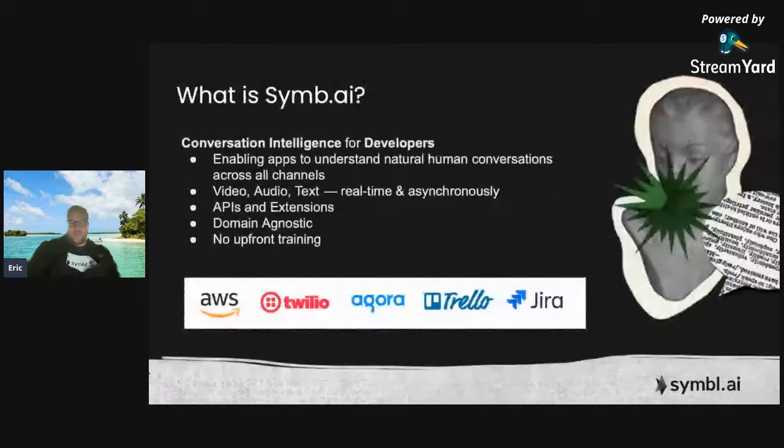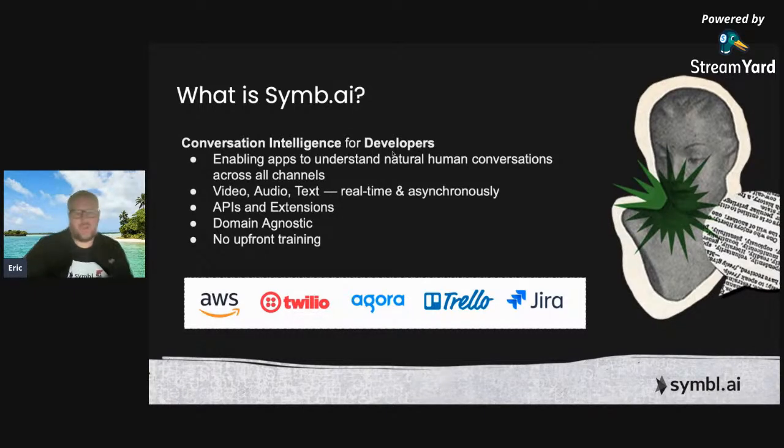So let me go ahead and give you a brief overview of what Symbl.ai is. Symbl.ai is a conversation intelligence platform for developers. And a conversation intelligence platform enables app developers to understand how to create new experiences around natural human conversations happening in multiple different channels.